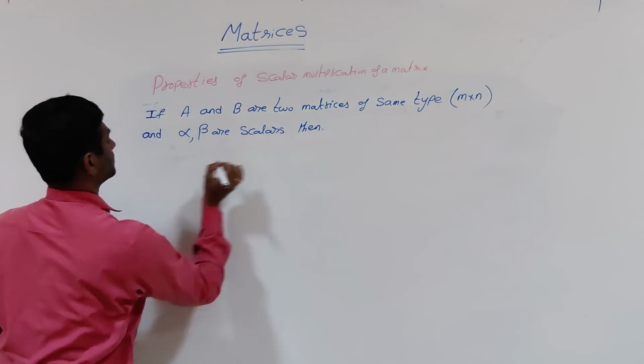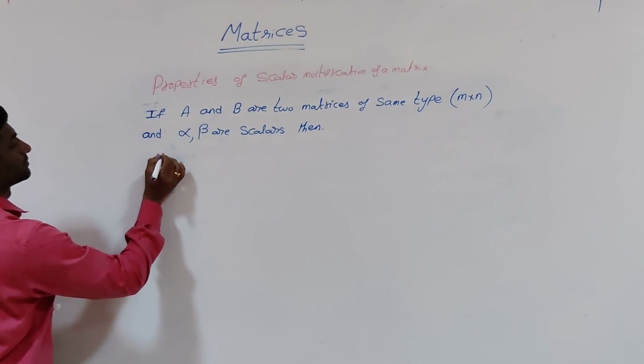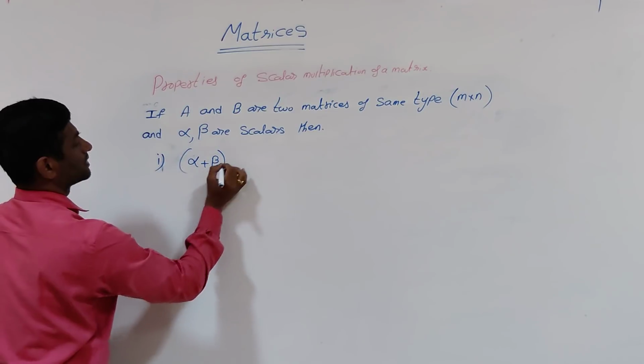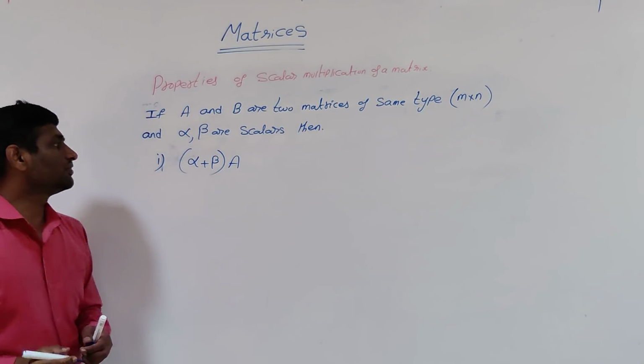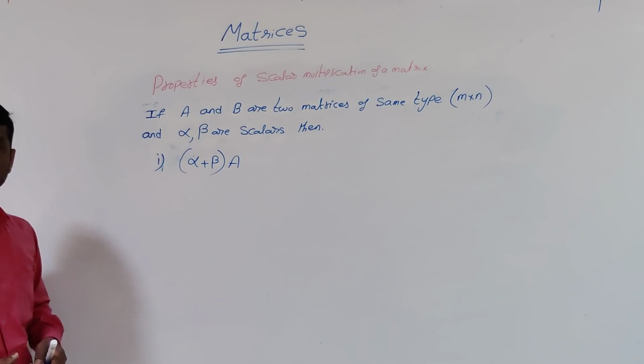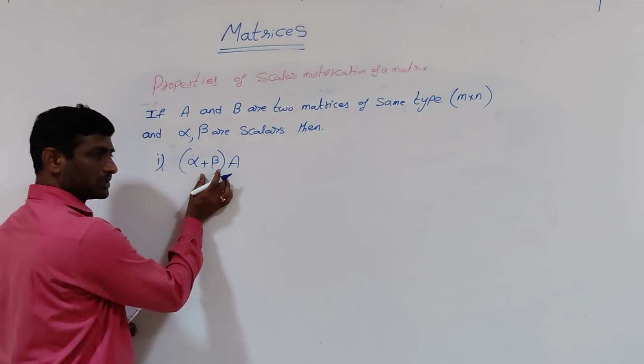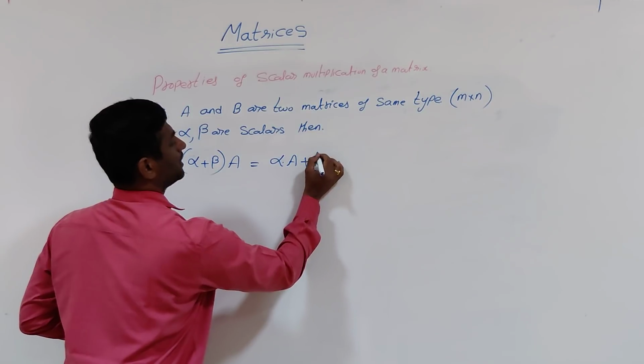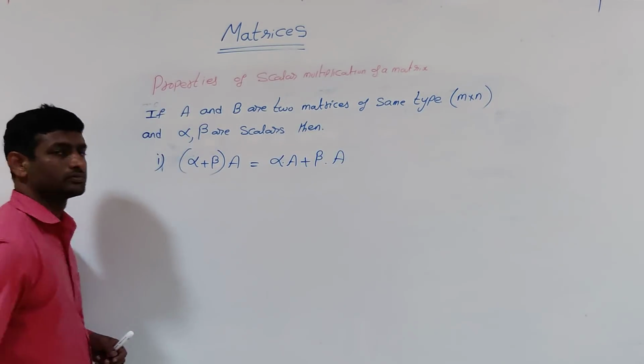Then number 1: (alpha plus beta) times A, that is, if we add two scalars we get a new scalar, will be the same as alpha times A plus beta times A.